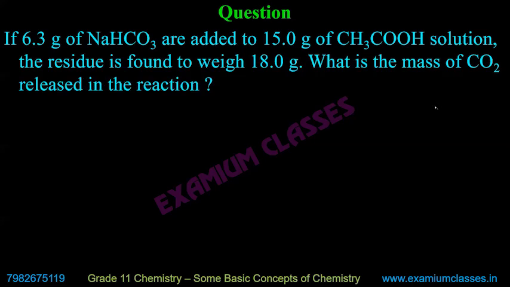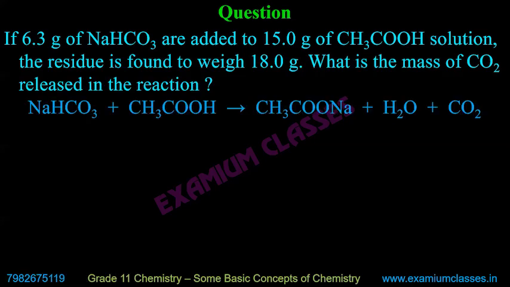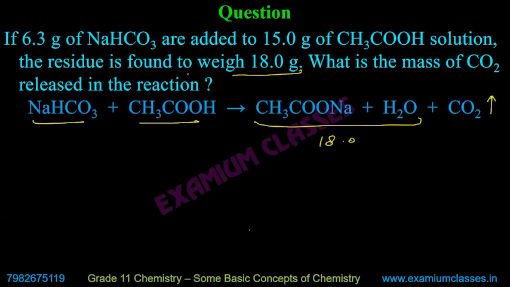This question is actually about conservation of mass. You have the reaction, sodium bicarbonate reacts with acetic acid, and the residue is found to weigh 18 grams. Now, when you talk about the residue, it is this one. Carbon dioxide escapes out, is released. So the residue is 18 gram, and this one is 6.3 gram.